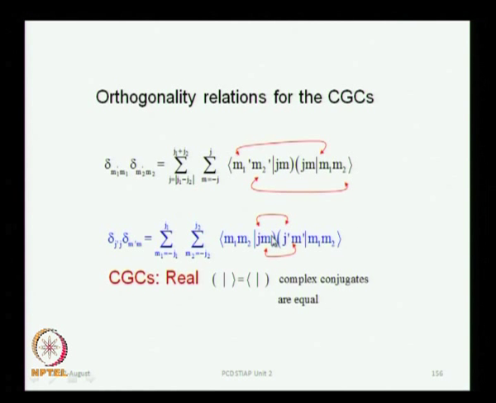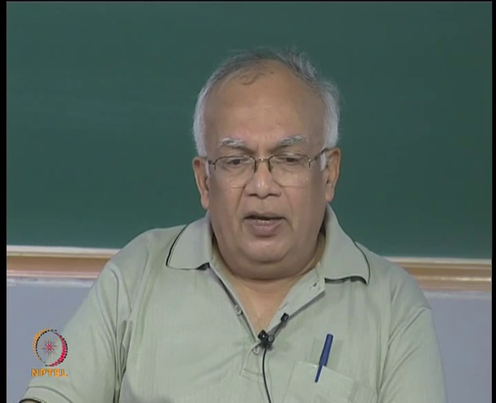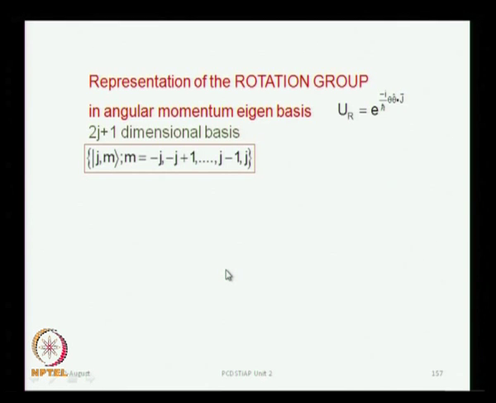So, it is exactly an identical relation, and these are complex conjugates. The Clebsch-Gordan coefficients being real, you can always write them with the coupled part on one side and the uncoupled part on the other, or vice versa, it does not matter. So, you will see them in different forms.